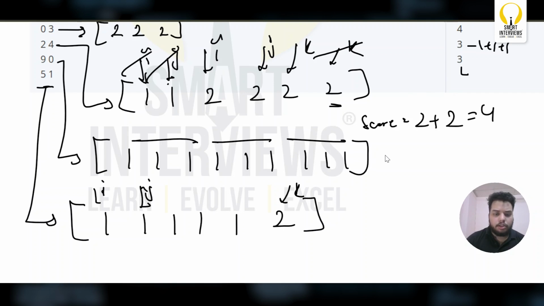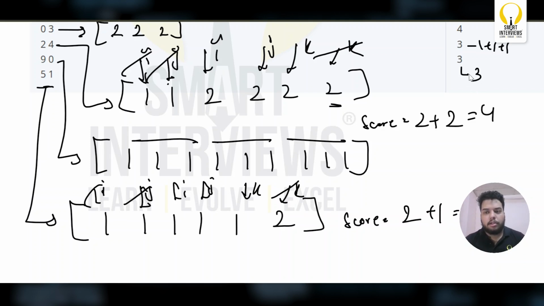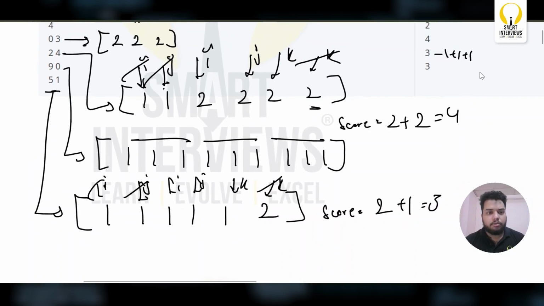Here my score is going to be, obviously, 2 as the maximum, then I update i, j and k, which is going to be plus 1. Hence here also the output is going to be 3. So I hope you have understood.